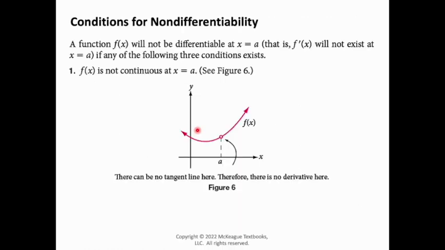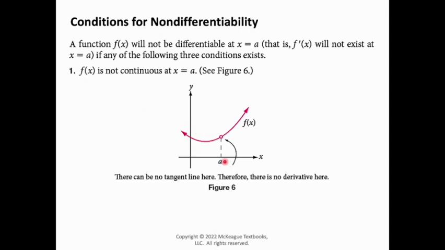The last topic we're going to talk about in this lesson is conditions for when you can't take the derivative. There are special cases when you take the derivative and you're trying to evaluate it at a point where that value will not exist. And so there are some rules we can follow.